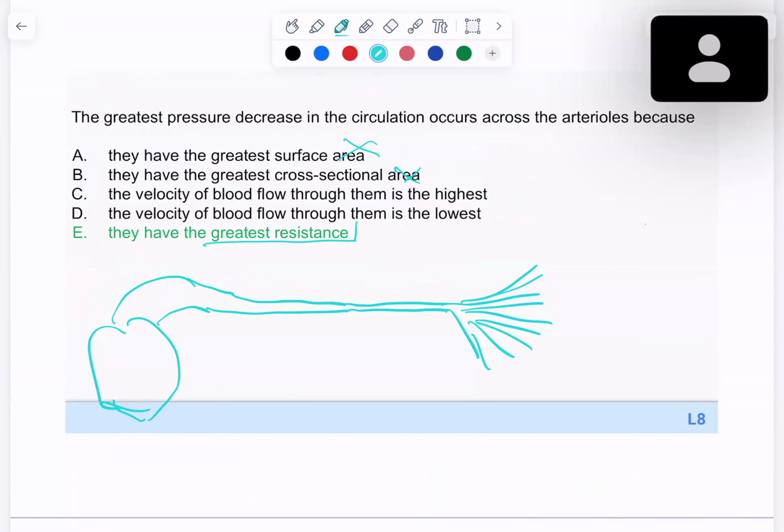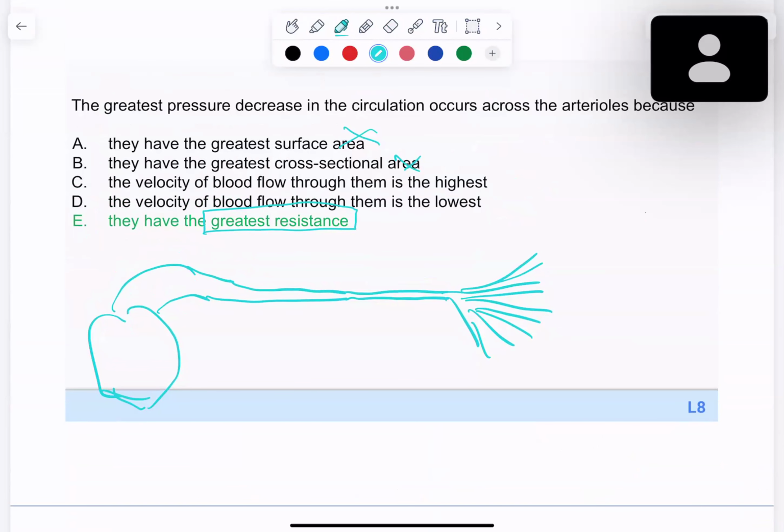Now, why do arterioles have the greatest resistance? Arterioles are vessels of resistance, and the reason is that once you go from arterioles to capillaries, you're going from very histologically different vessels. The capillaries are really thin and delicate, while the arterioles actually have smooth muscle around them.